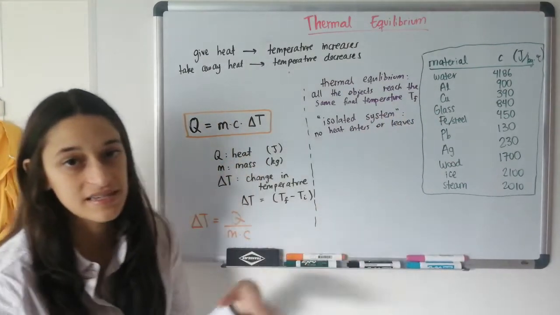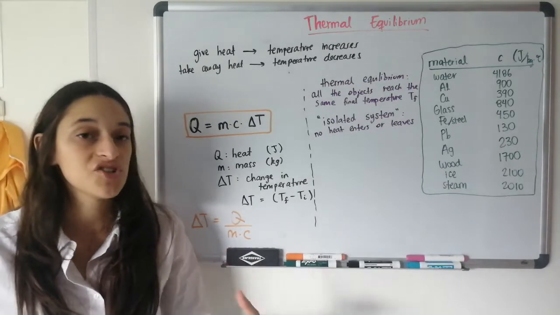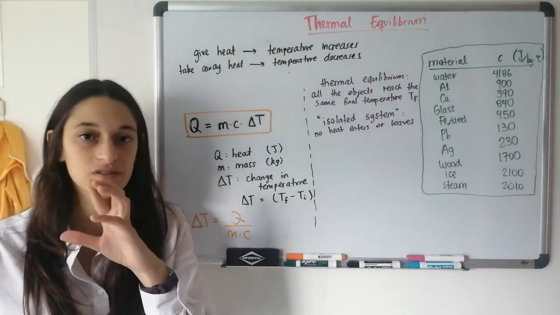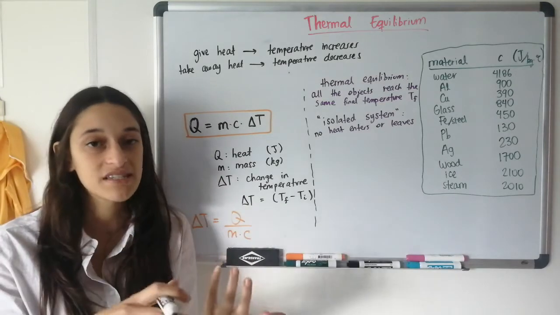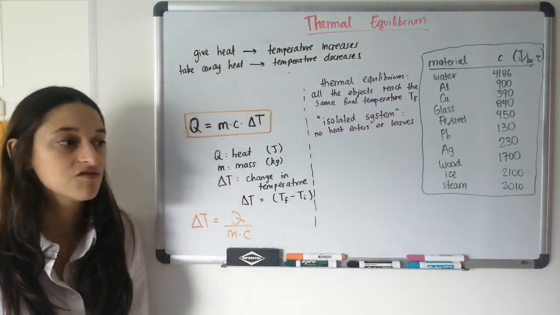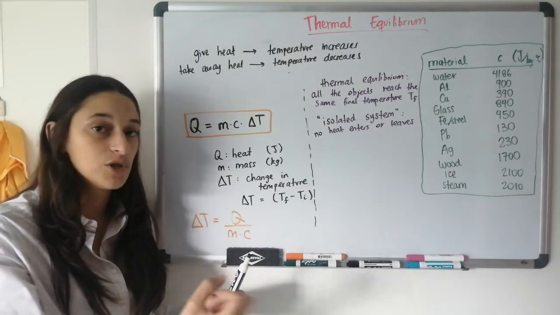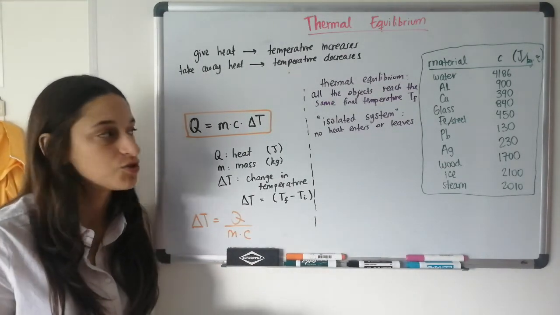So what that means is exactly what I just mentioned, that all of the heat that goes out of one object is going to be received by the other object. In the case of the pot of water with the ice cube, all of the heat that the water loses is going to be gained by the ice cube.